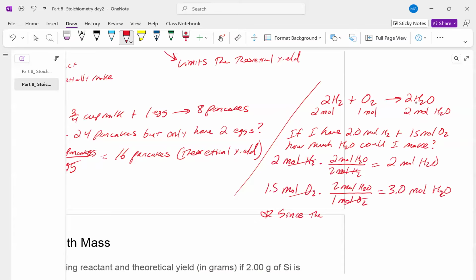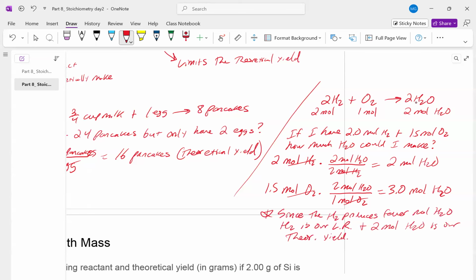Now, by comparing those two results, I can determine what my limiting reagent is. Since the hydrogen produces fewer moles of water, hydrogen is our limiting reagent. And we would say then that 2 moles of water is our theoretical yield.